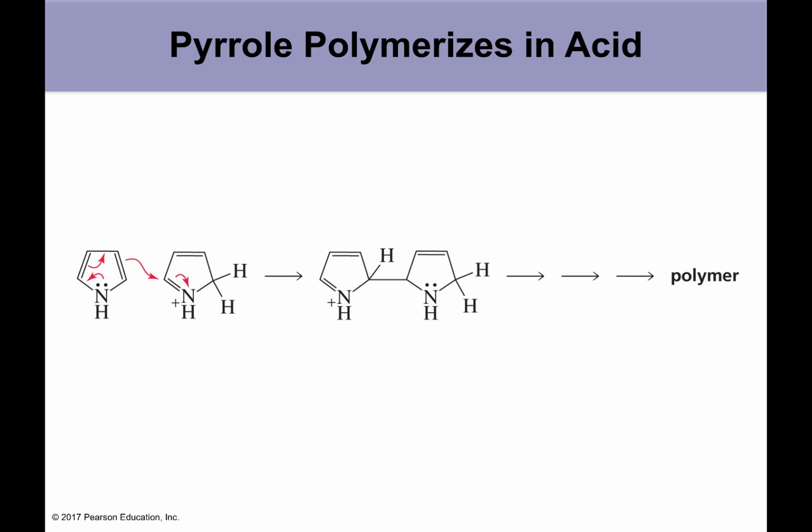The oxidation of pyrrole creates a flexible conductive polymer. But in any case, as a consequence of protonating in the 2 position, you end up with an electrophilic 2 position on the other side, and that can act in an electrophilic addition reaction to attach to another pyrrole.